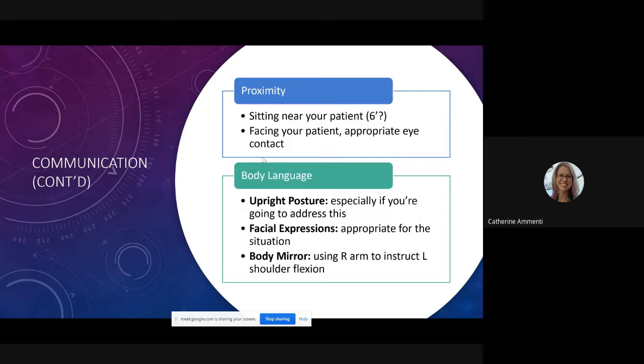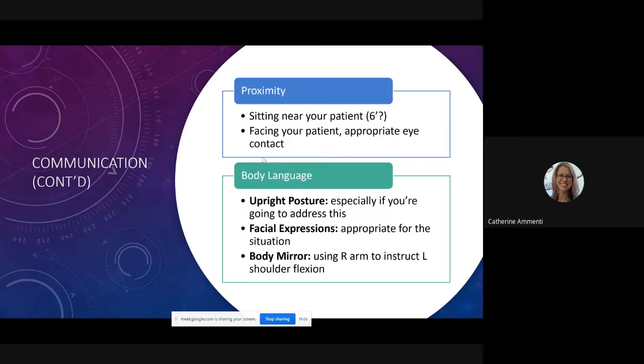and make sure that you're giving this person your undivided attention. The other thing I would give you as a trick when you're talking to your patients is to mirror activities you want them to do. Say you're about to do some goniometric measuring of their shoulder flexion, and you're facing them. If I want them to lift up their left arm, I might raise my right arm to directly mirror which arm I want to go up.